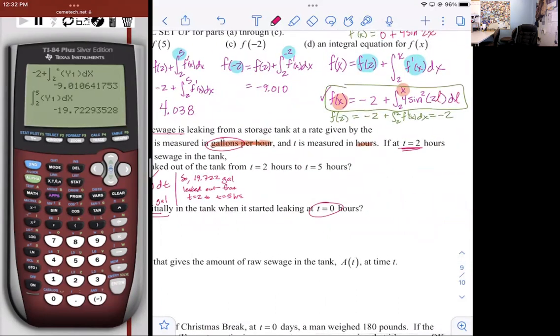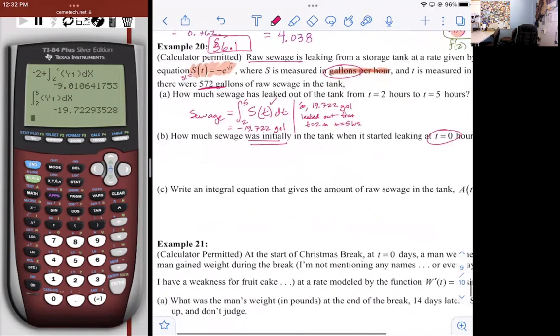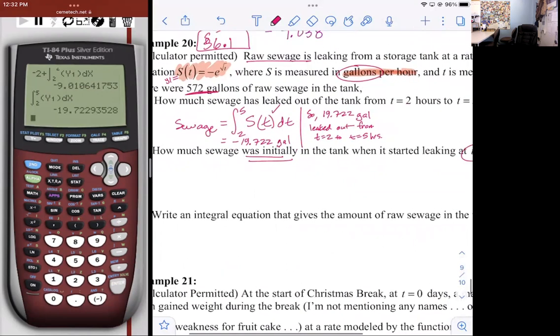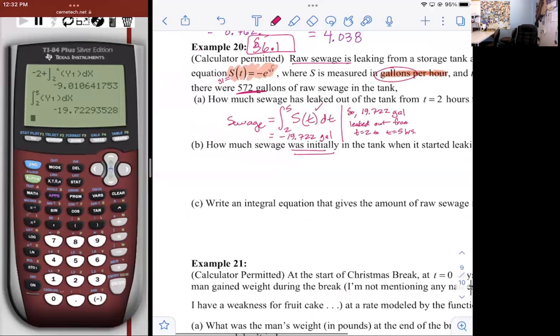But can we use math to extrapolate back in time? Sure we can. Now, is this one going to involve adding the 572 to it? Yes. Whenever you're looking for how much is there at this time, or where is it at this time, that always involves the initial amount.